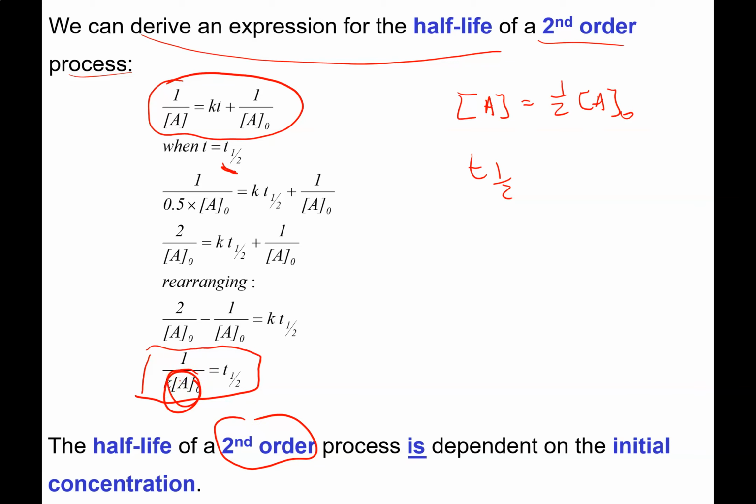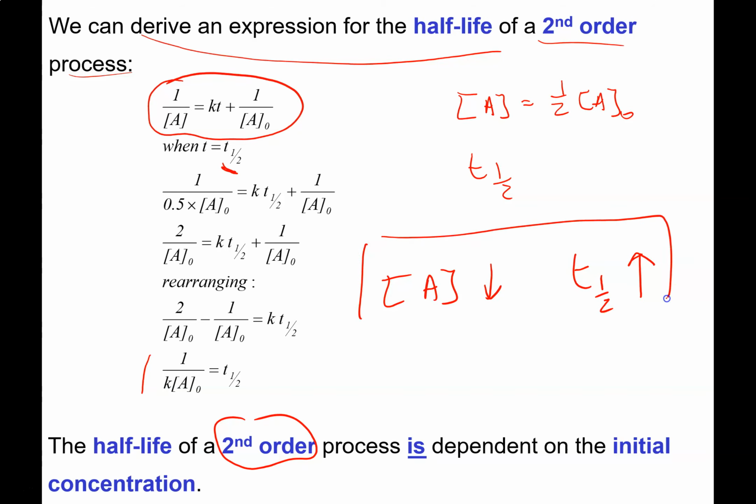Now, what you see is that for a second order process, the half-life is dependent on the concentration. And in particular, over time, the concentration of A will go down. And if we think how that affects the half-life, that means that over time, the half-life will get bigger. So sometimes you can look at your data and see if the half-life is getting bigger, and then that'll tell you that it's a second order process.